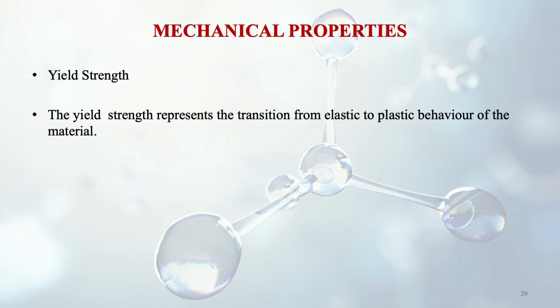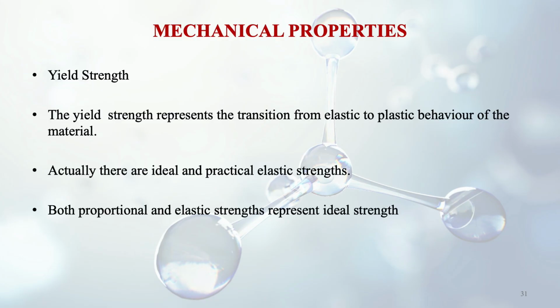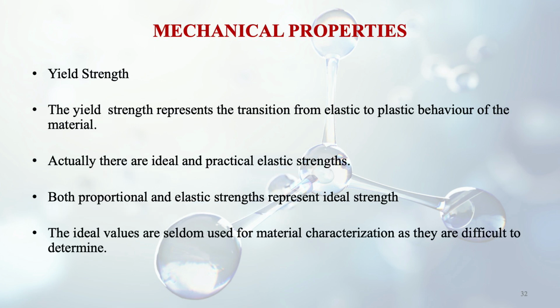Instead, it will have a certain residual strain. Actually, there are ideal and practical elastic strengths. Both proportional and elastic strengths represent ideal strength. And the ideal values are seldom used for material characterization as they are difficult to determine. Obviously, we know anything ideal is not that easy to get.